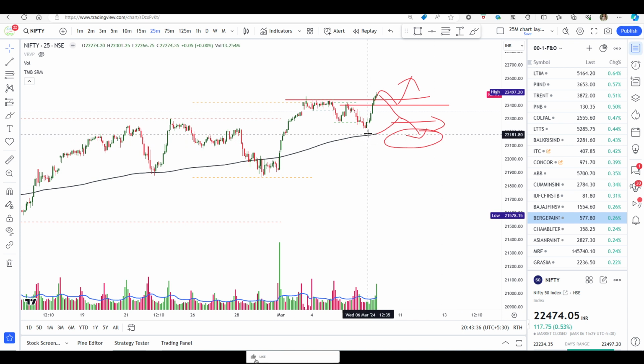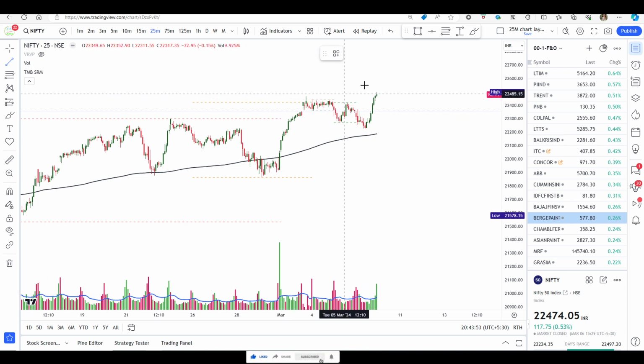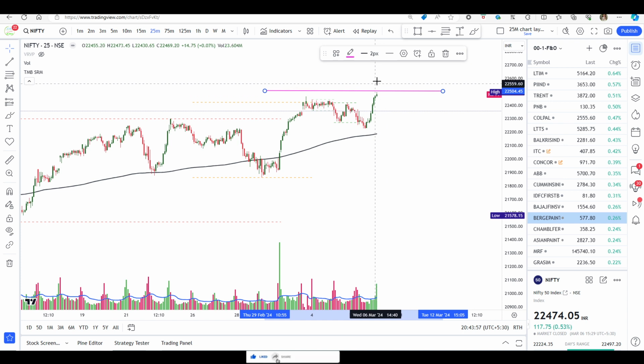Once the market closes below the 200 moving average, if our position is in profit, you exit the position. If it is in loss, you start selling the call option from here.